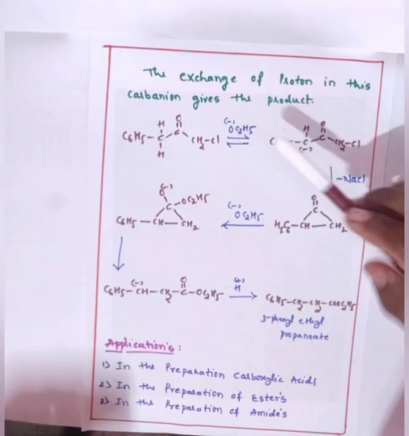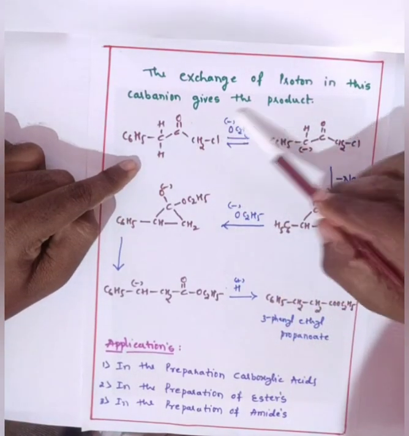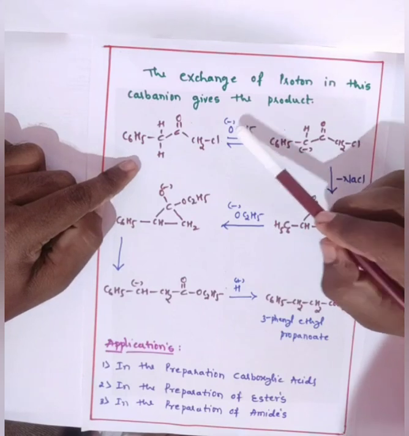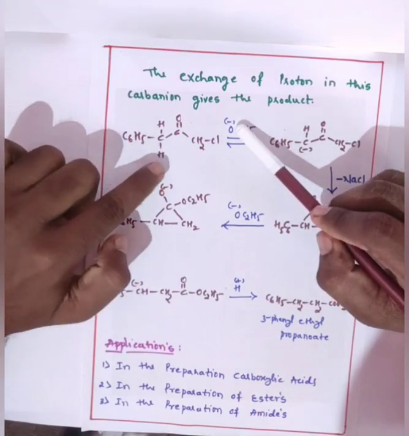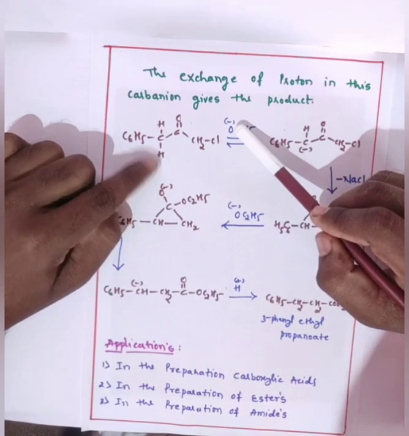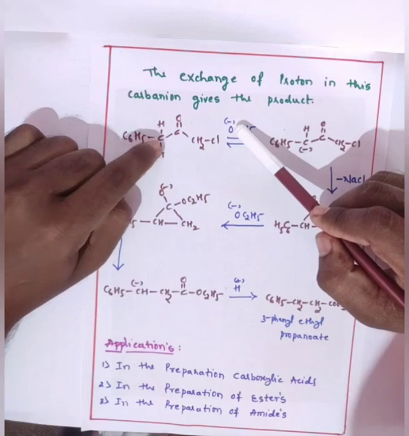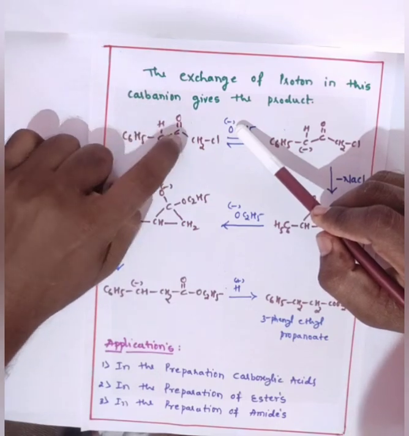This is the mechanism for alpha haloketones in the presence of the base ethoxide ion. This base helps to eliminate the acidic proton. Acidic protons are the protons present on the carbon atom that is alpha to the carbonyl group.